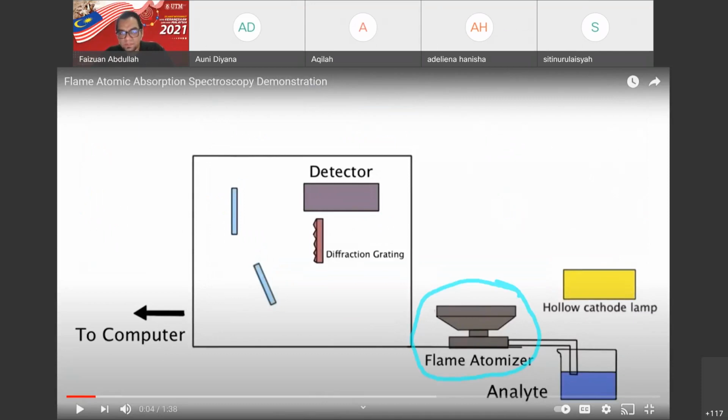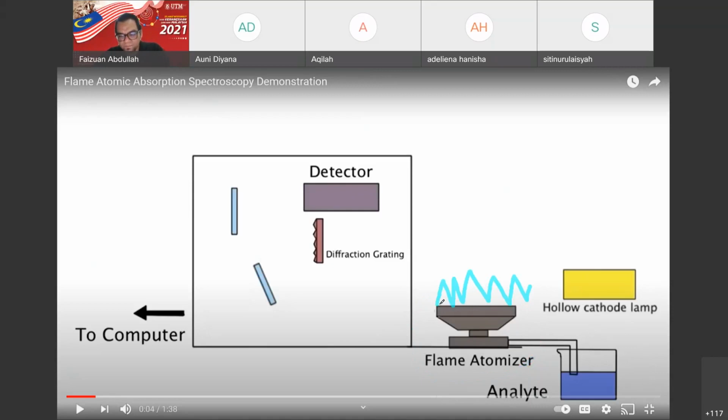Of course, it has a flame here. From our source of flammable gas that we use, air combined with acetylene, and also we have nitrous oxide and so on, depending on the type of analyte metal that we're going to analyze.